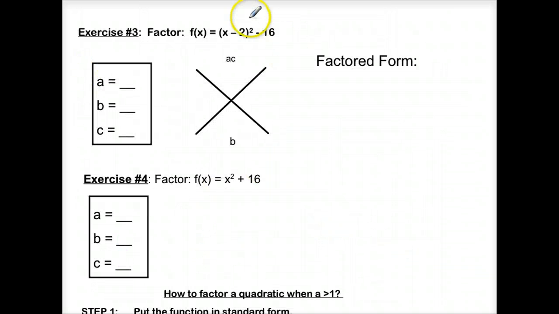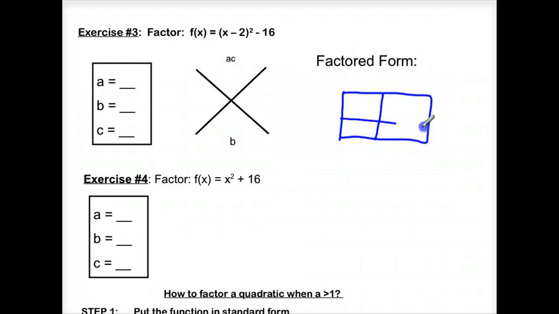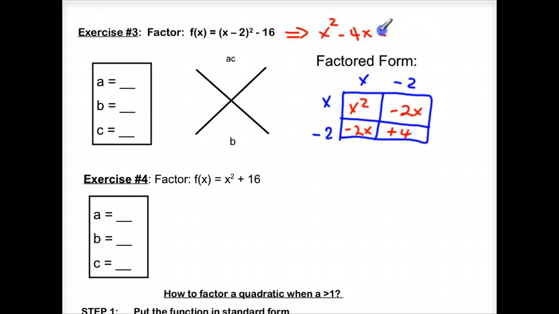Example 3. Is this in standard form? No. So you're going to do the box method. I'll do it right here to show you. First thing that we need to check is x minus 2, x minus 2. And I want to break this down. This becomes x squared minus 2x minus 2x plus 4. So this, I'm actually going to rewrite it as x squared minus 4x plus 4.